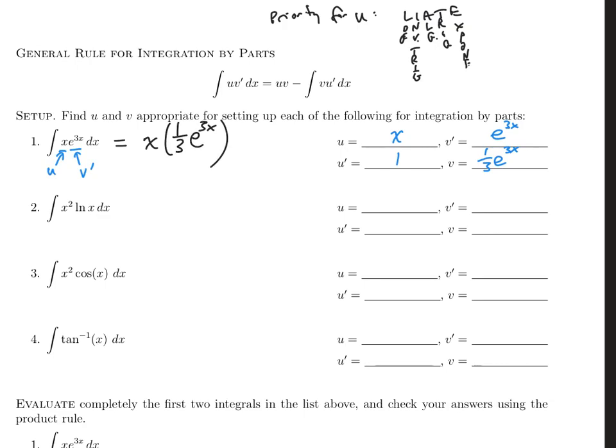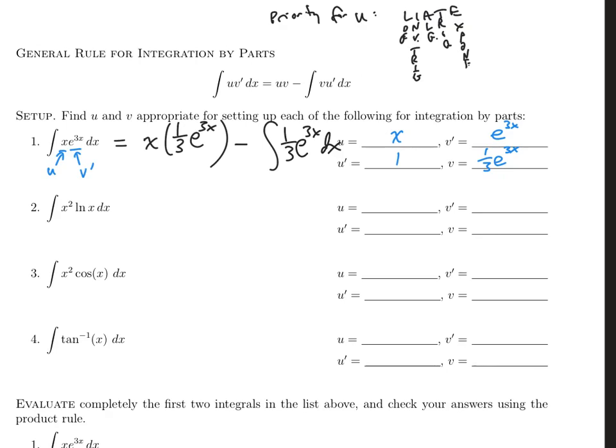So that's u times v minus the integral of v times u prime. The v times u prime is this second row. So v times u prime. And so that would be the setup for integration by parts. That would be a true statement.